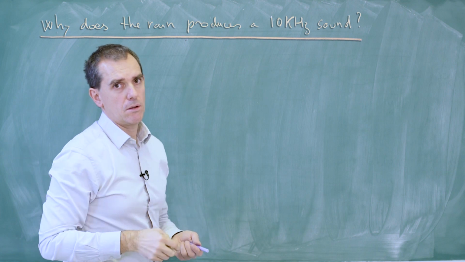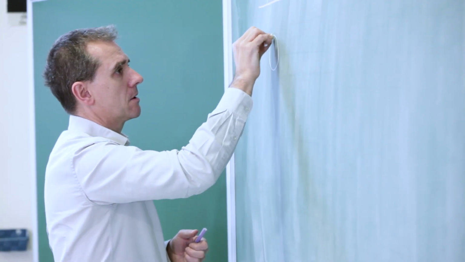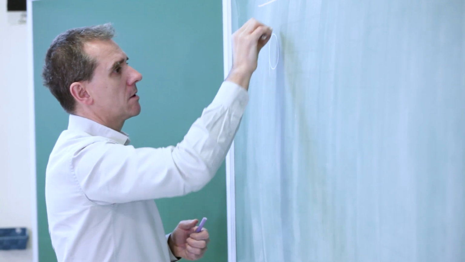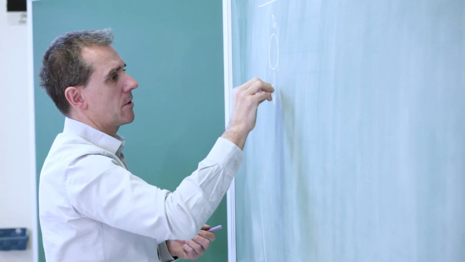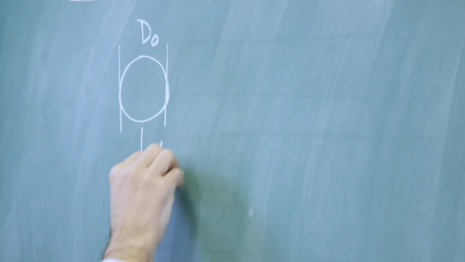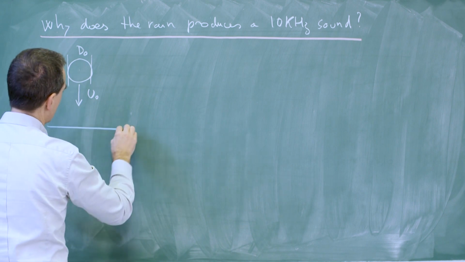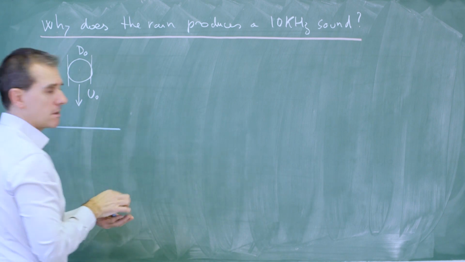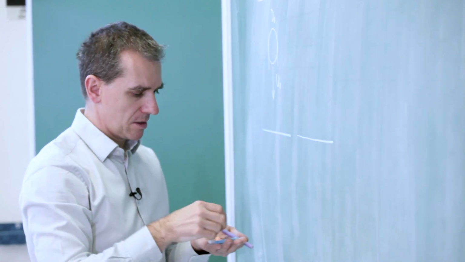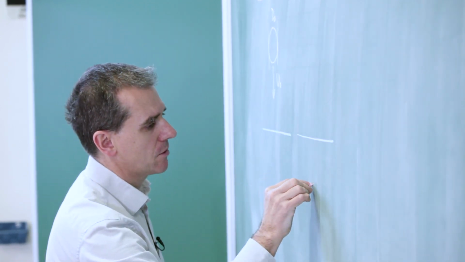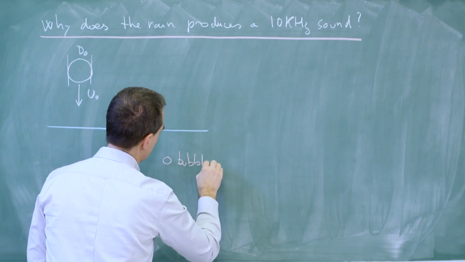So to make a long story short, perhaps what we could start with would be to look at the impact of a drop of rain of diameter d0 and initial velocity u0 impacting on the ocean. And the answer to the question would be to say, okay, once the impact is gone, we observe a small bubble.